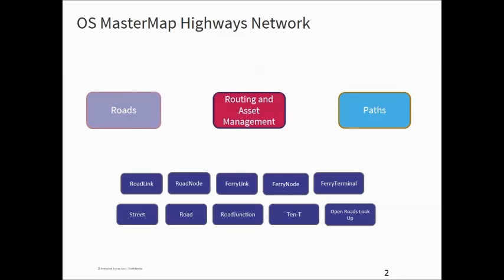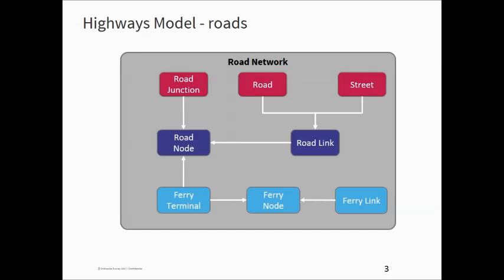Further on, I would like to start with the Highways model, the general data model for this product. As you can see, we see the different feature types and the relationships to one another. I would like to emphasize that Highways is a relational product, and therefore each feature will interact with the others. For example, the road link will be referenced topologically by the road nodes.